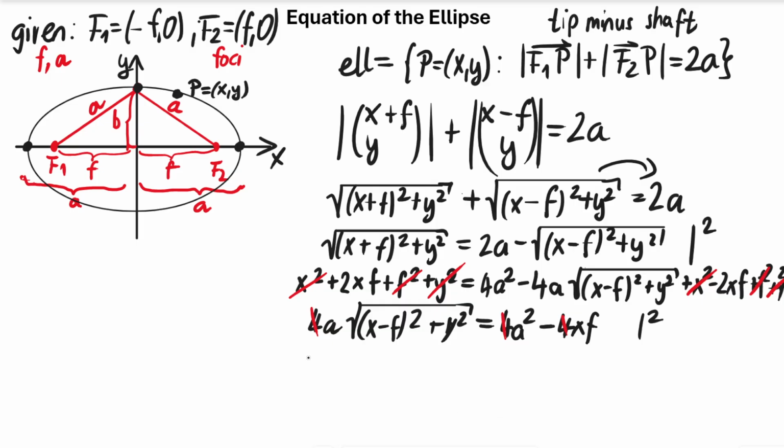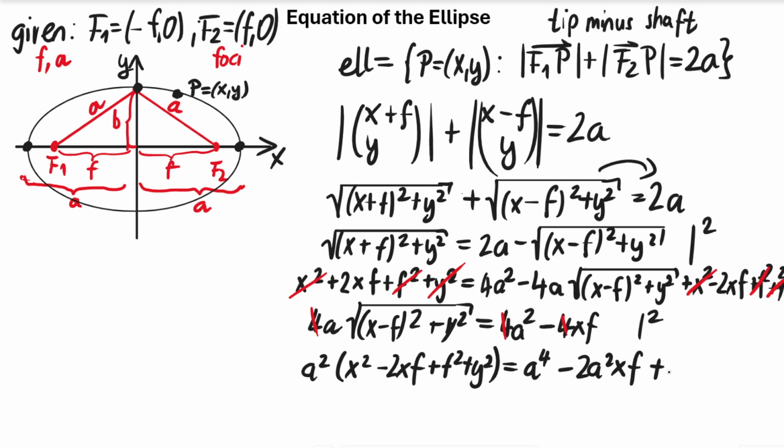So it is then a squared times opening brackets, and also fully expand inside already, x squared minus 2xf plus f squared plus y squared. And on the right side you have to use the binomial formula, a to the power of 4 minus 2a squared xf plus x squared f squared. Again, you see expressions which simplify.